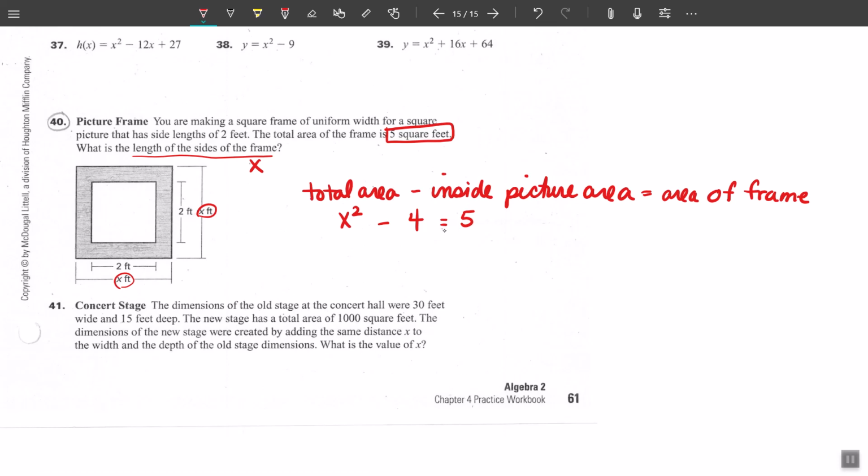Now, obviously we're going to need to factor in order to solve this problem. There are a couple ways we can do that, but sticking with the way this lesson is going, I'm going to show you how to do it by factoring. We cannot factor it until this side equals 0.